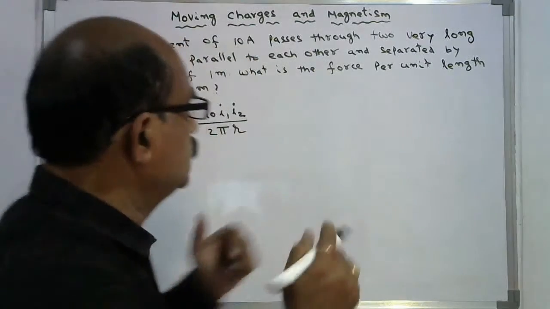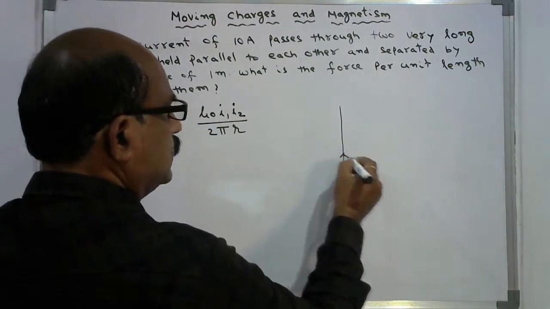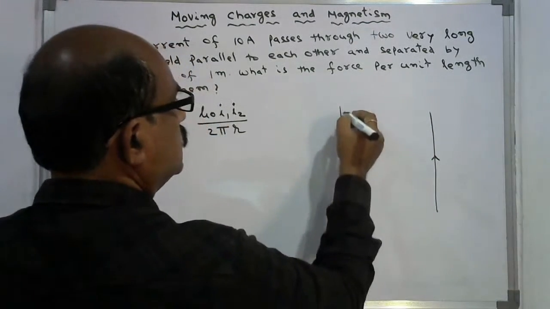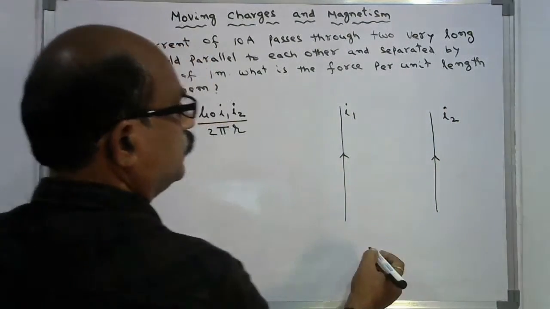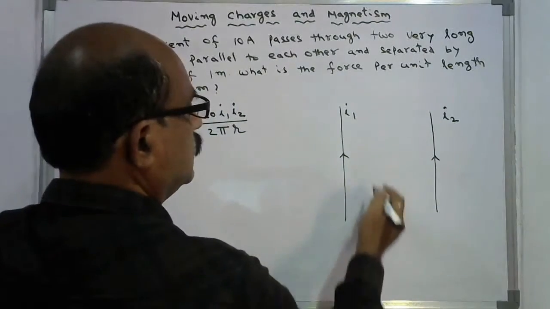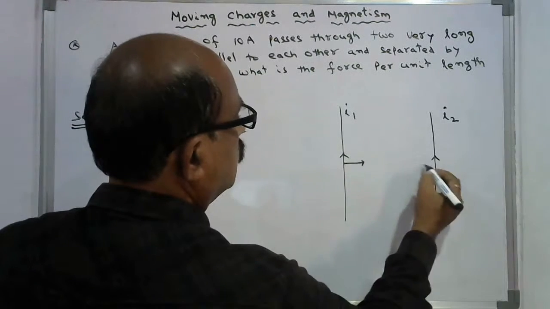If the currents are passing through the conductors, say this is I1 and this is I2, and these two currents are in the same direction, then there will be an attractive force.